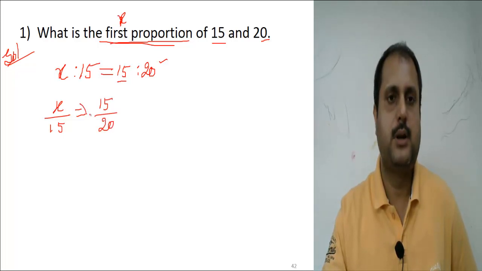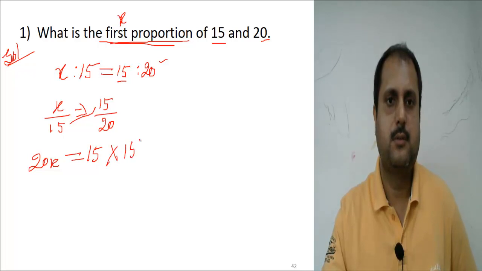So you will cross multiply: 20x equal to 15 multiplied by 15. Now find x equal to 15 multiplied by 15 divided by 20.